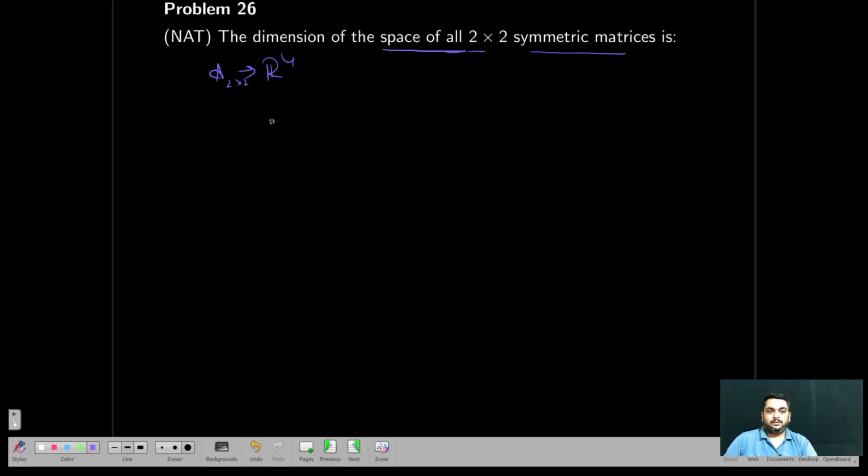No. If I write a 2 cross 2 symmetric matrix, it will be a, b, and what should be here? It should be b only because they are symmetric. You cannot have a different element here. So now how many unique elements are there? a, b, c only. So the dimension is 3. So answer is 3.